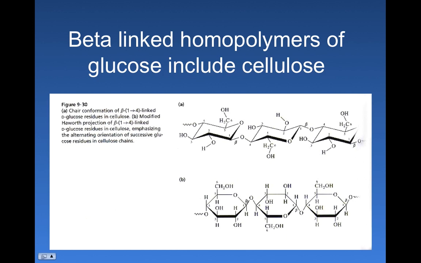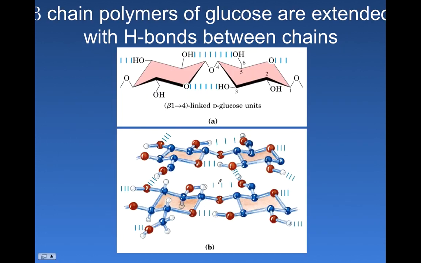And here's the beta 1,4 linkages, right? We could identify this as a 1,4 linkage, and beta because this bridging oxygen is on the same side of the molecule as the 6th carbon. Okay, so most of the hydrogen bonding that's present in these beta 1,4 linkages is occurring within the molecule, and that stabilizes it, making these really stable, really hard to break fibers of beta 1,4 glucose.